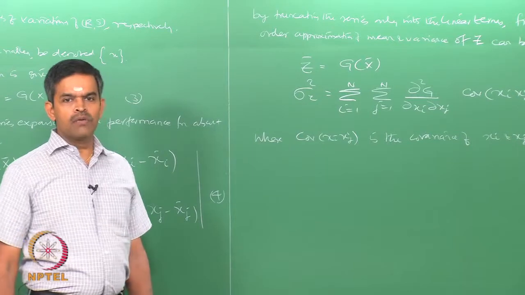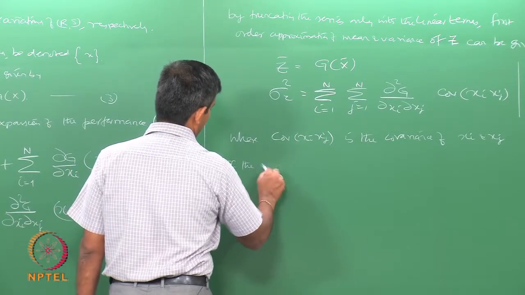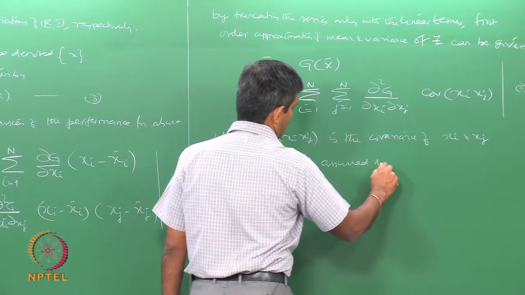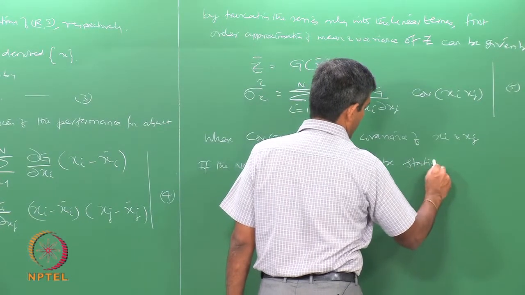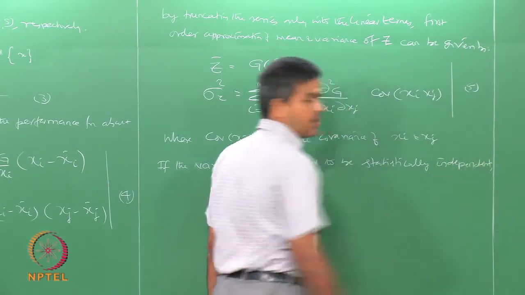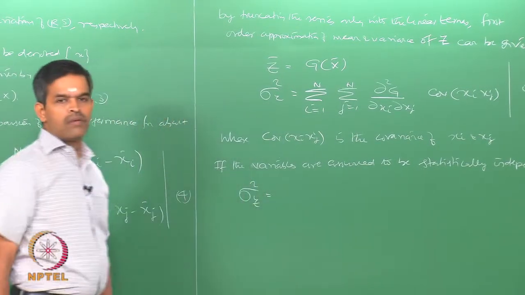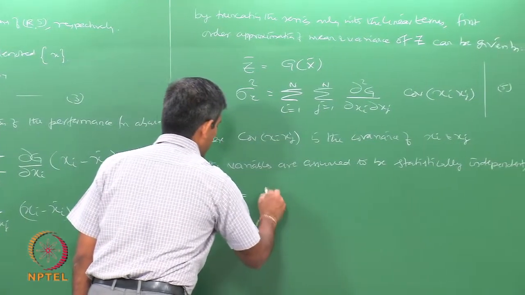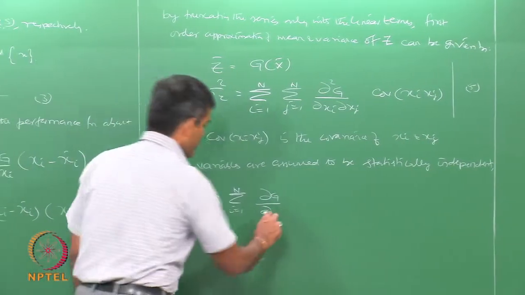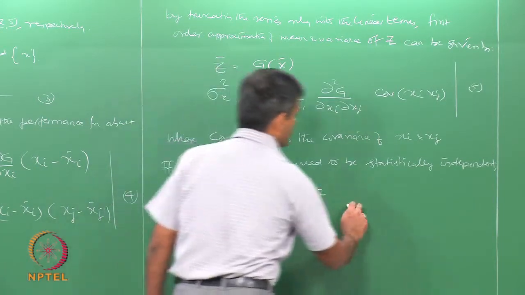Now, if the variables are assumed to be statistically independent, in that case the variance will be given by the expression which I call equation number 6.